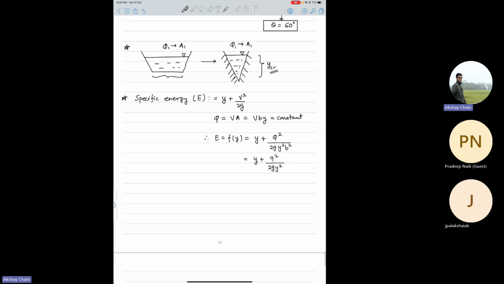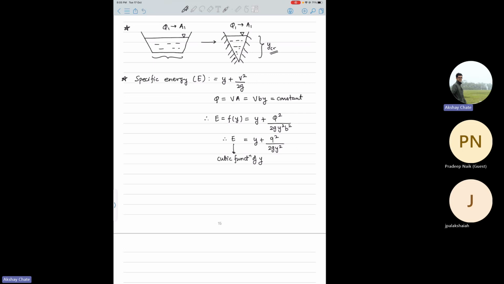So they make E a cubic function of y, and then they solve it.